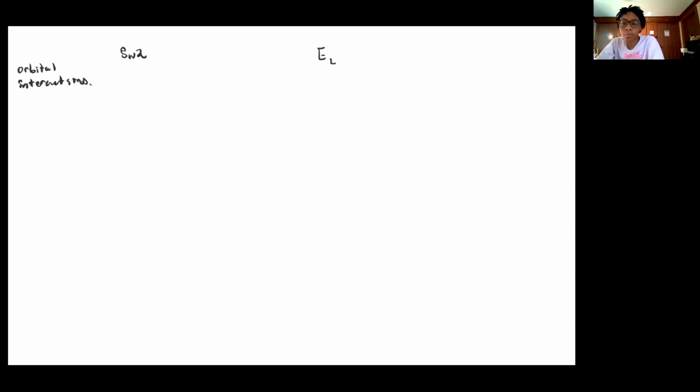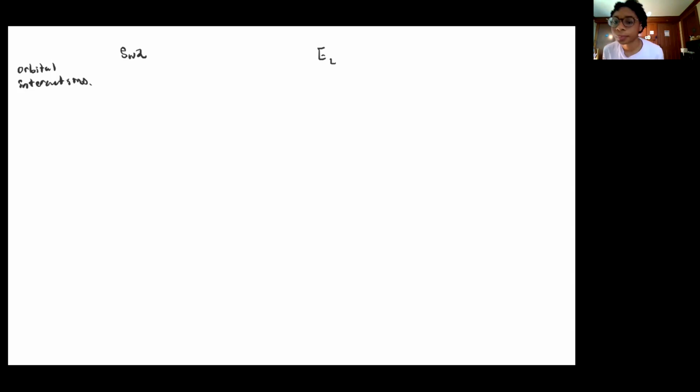Can you be a little more specific? What bonding or anti-bonding orbital is it attacking? Is it the bonding orbital between the carbon and the leaving group? Close. It's the carbon leaving group anti-bonding orbital. Oh, for SN2 as well? Yeah, for SN2.